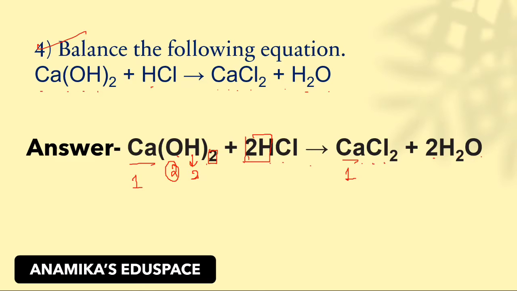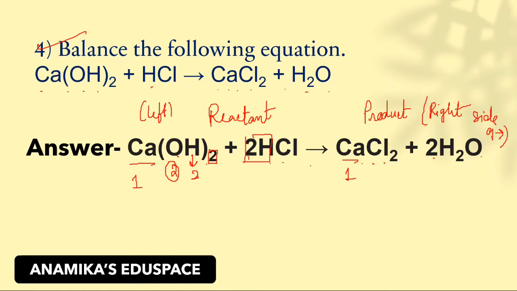So this is the reactant side, and this is the product side. This is the right side of the arrow, and this is the left side of the arrow. Clear? On the reactant side, how many hydrogen are there? 4 hydrogen are there. 1 Cl is there, 1 Ca is there, and 2 O are there.